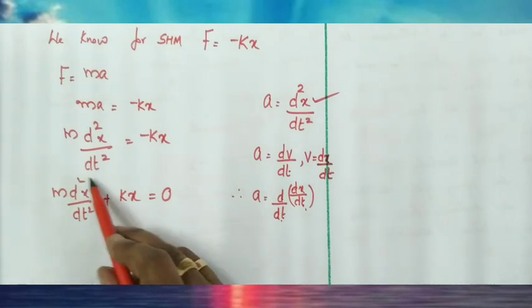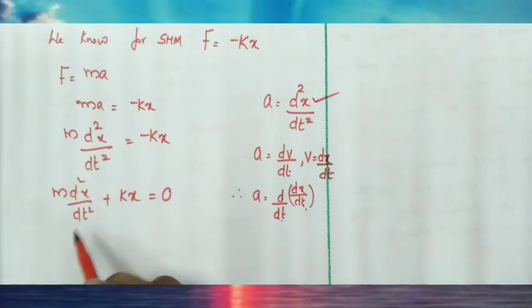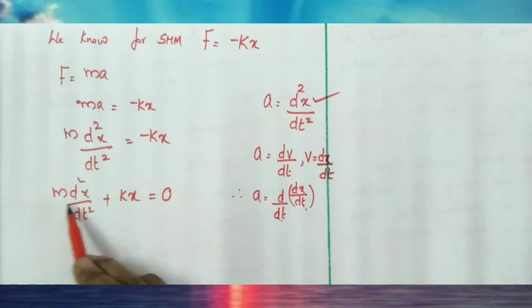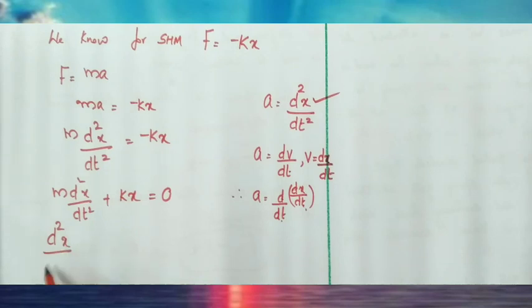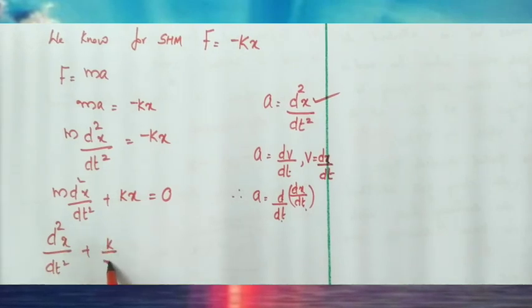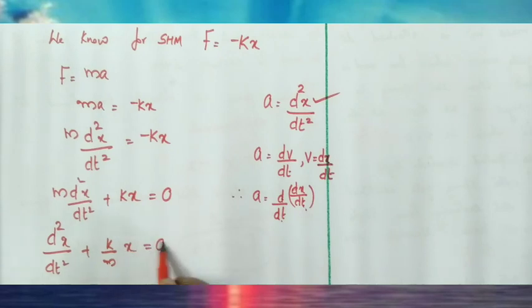We can make the coefficient of d square x by dt square 1, so we divide the whole equation by m. That becomes d square x divided by dt square plus k by m into x is equal to 0.